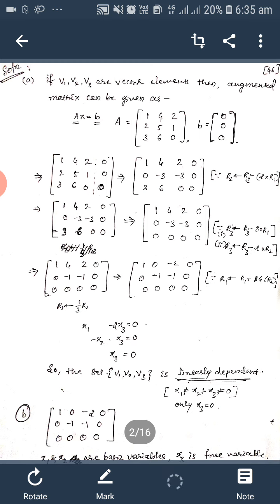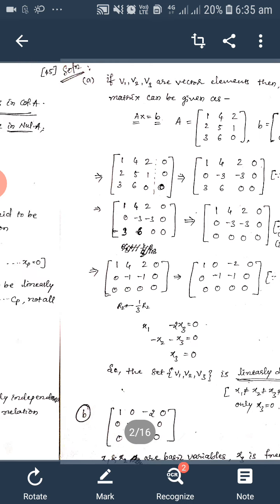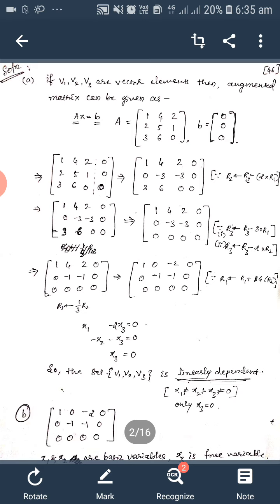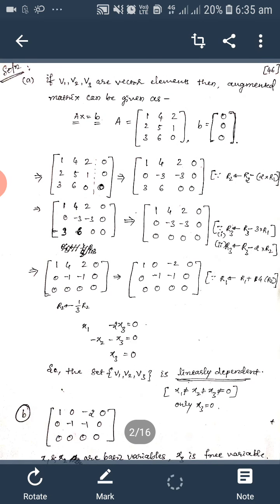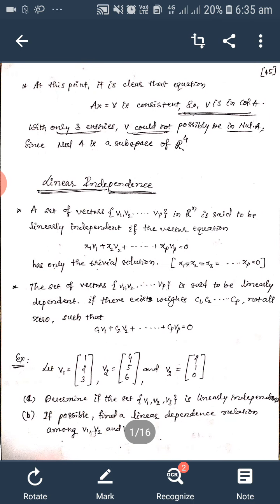So v1, v2, v3 are represented in the matrix form. In the augmented matrix we have taken b as 0 here, so the vector equation is x1 v1 up to xp vp equal to 0.